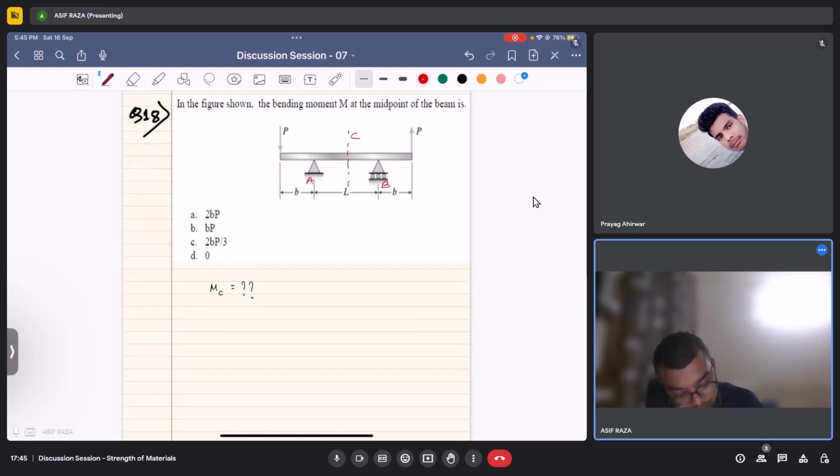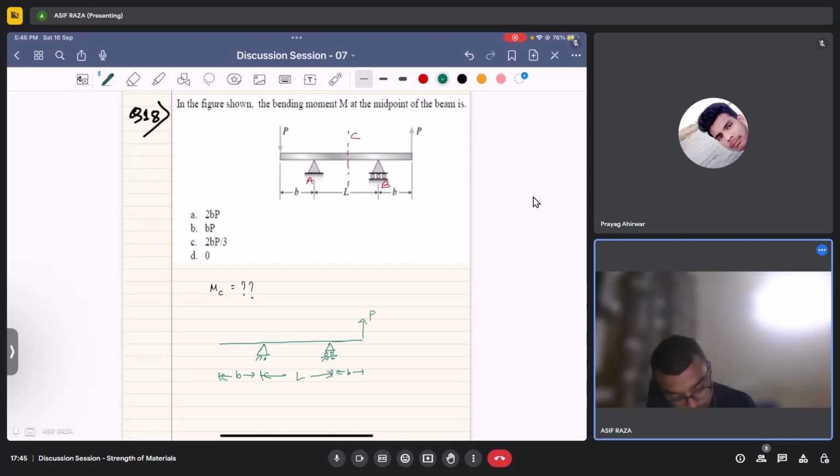Okay, so for this, first thing first, let me draw the beam down below. There is this, and there's a roller. L right here, B here, B here. Capital P acting.